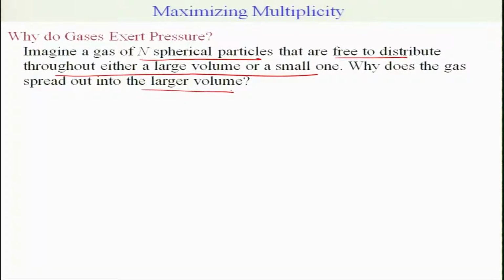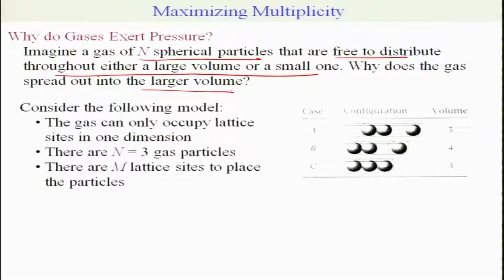So, we are going to consider 3 systems here. Let us consider 3 cases A, B, C for a given number of gas particles which occupy different volumes, and here the gas can occupy lattice sites in one dimension. So, what we have done is the volume itself is divided into different lattice sites.